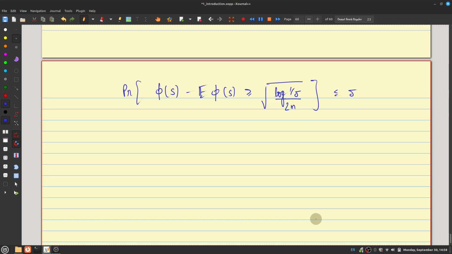Okay, so now all that remains is to prove a bound on the expected value of P of S. So let me call this equation 1.